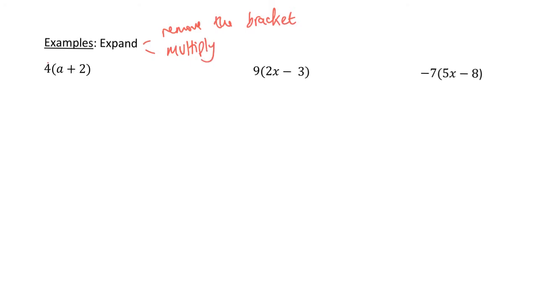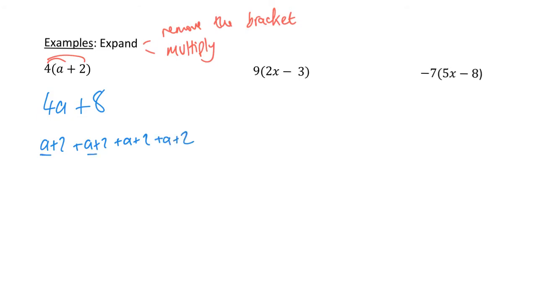So we need to multiply everything inside the bracket by the 4. So 4 times a is 4a, and 4 times 2 is plus 8. Again, where this is coming from, we've got a plus 2, plus a plus 2, plus a plus 2, plus a plus 2.